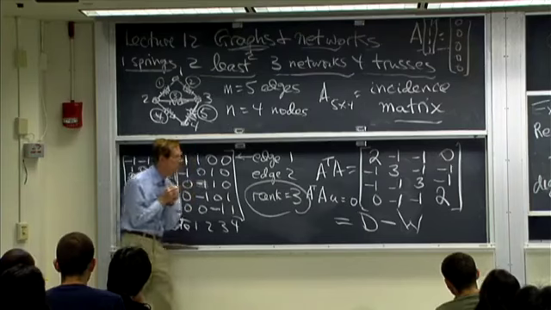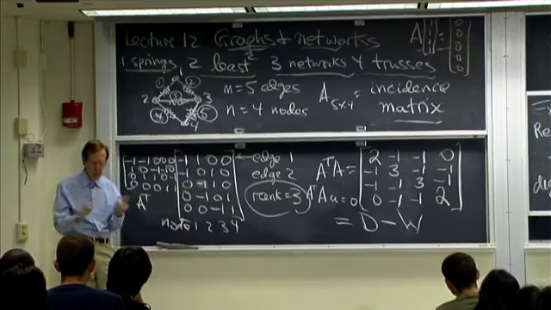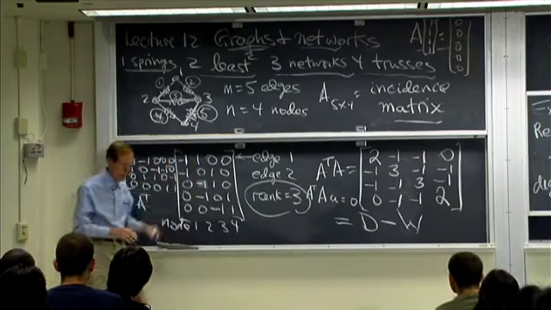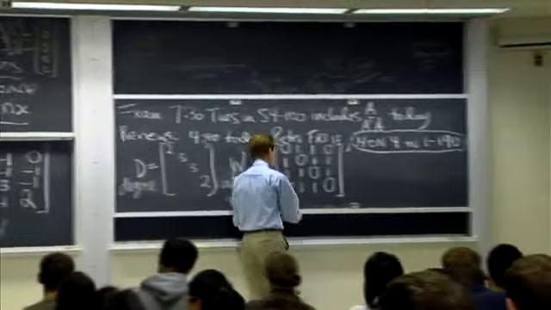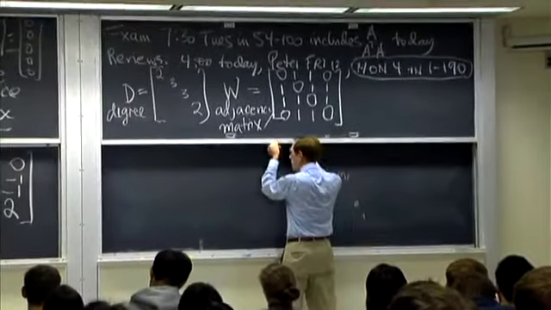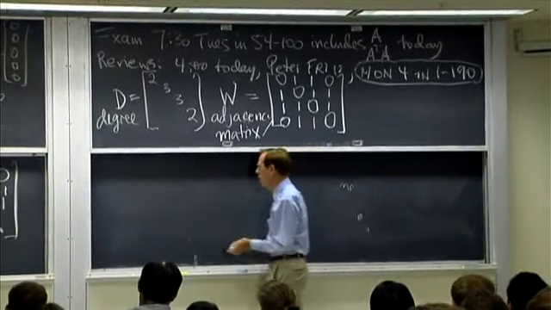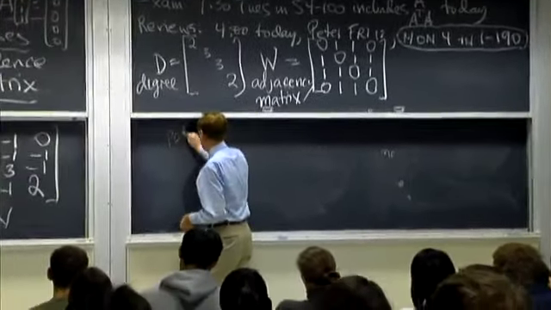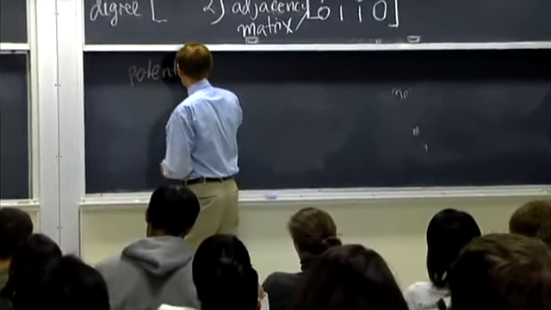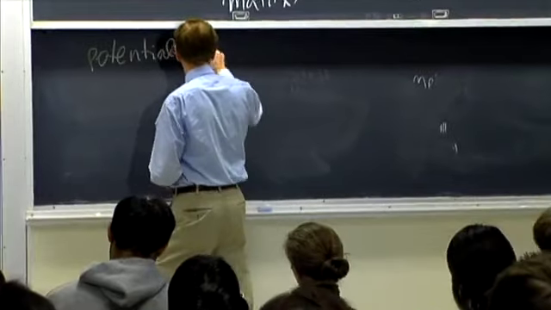Okay, so ready for the picture now? You know what the picture looks like. We'll start with these potentials U at the nodes.